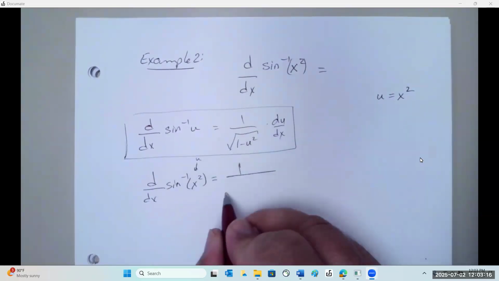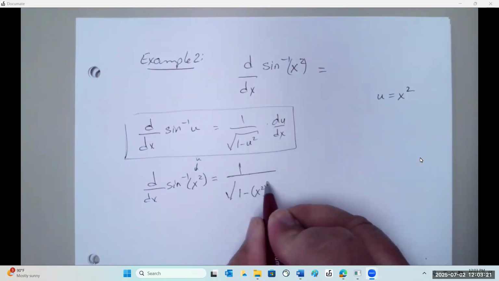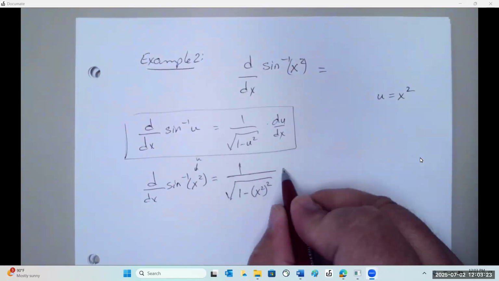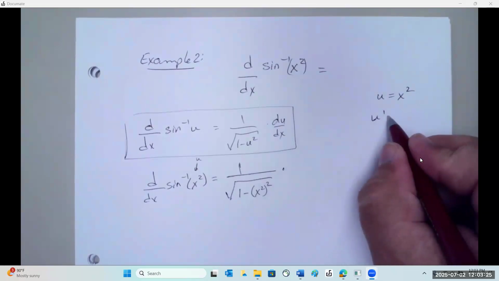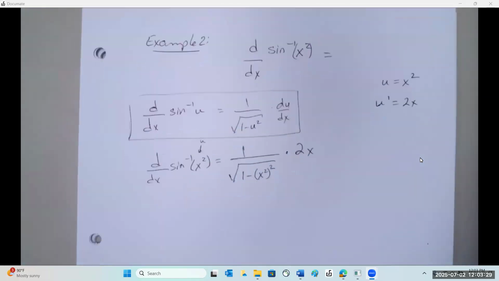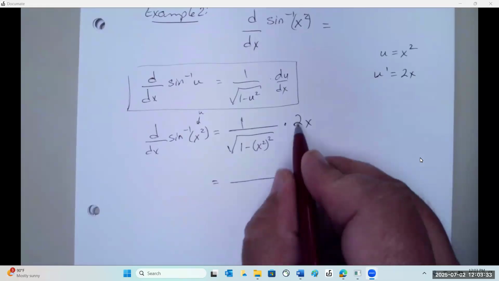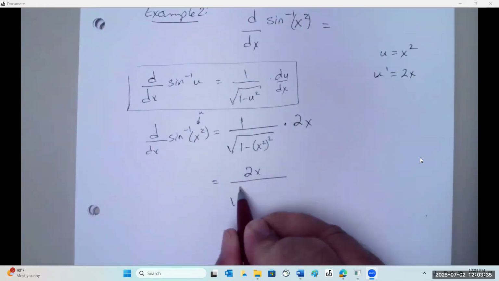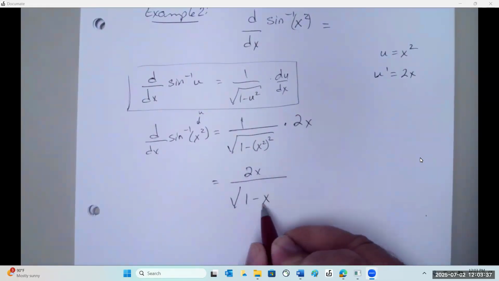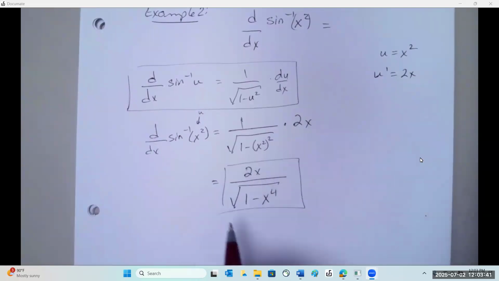So I have 1 over the square root of 1 minus x squared squared times the derivative of u, which is 2x. On top, we have 2x. On the bottom, we have the square root of 1 minus x to the fourth. There's my derivative.